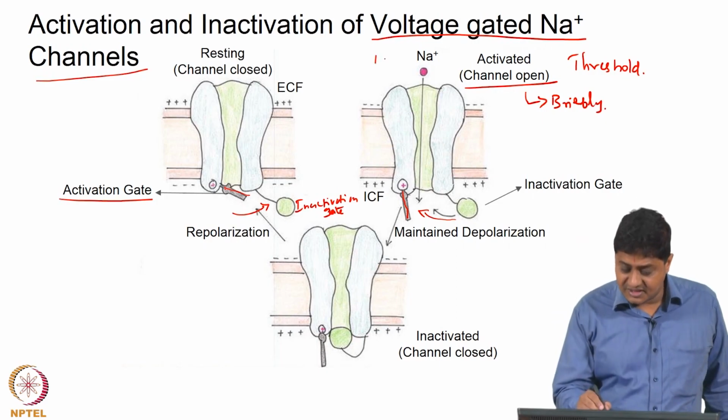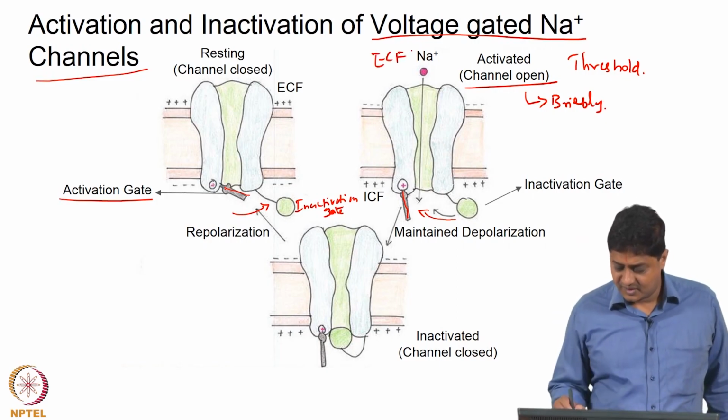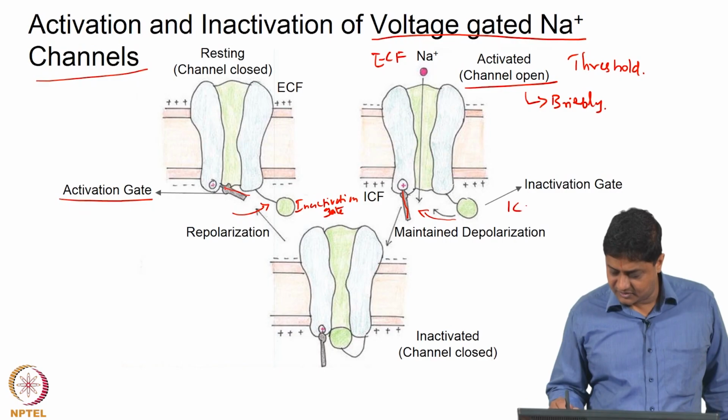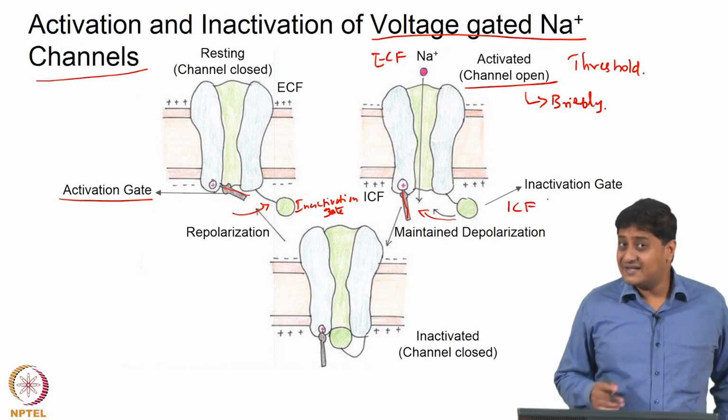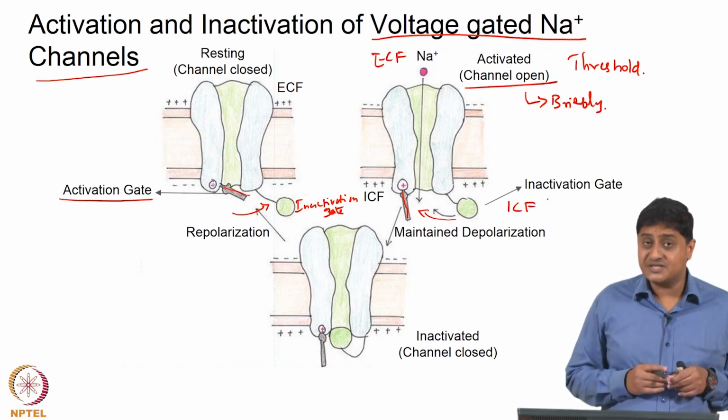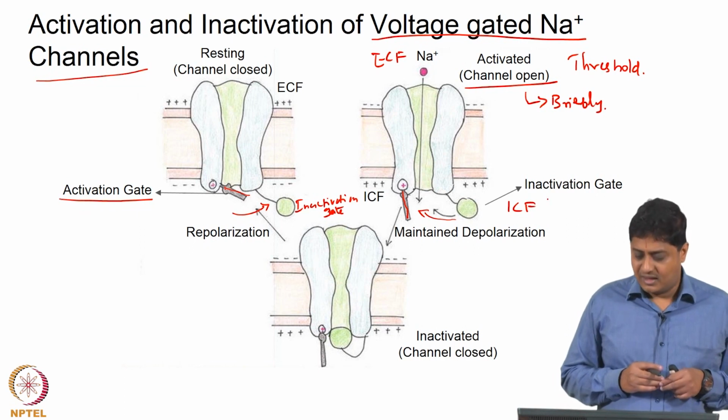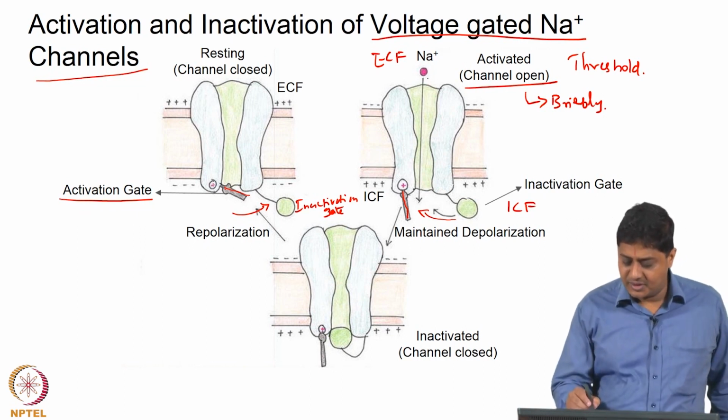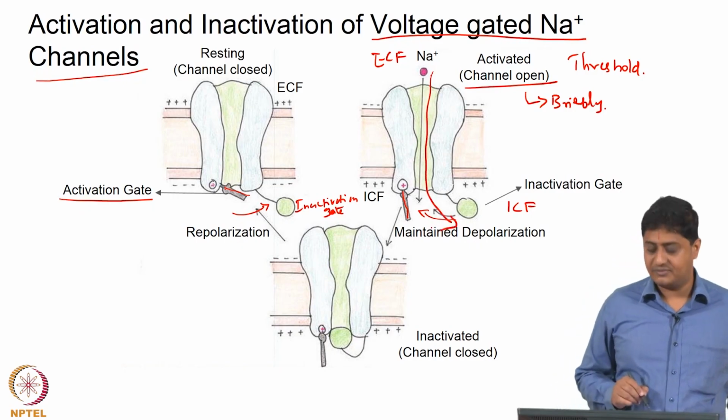Note, this is the extracellular matrix and this is the intracellular fluid. Since a lot of sodium is present outside the cell, a lot of sodium will diffuse through the channel to the inside of the cell, right.